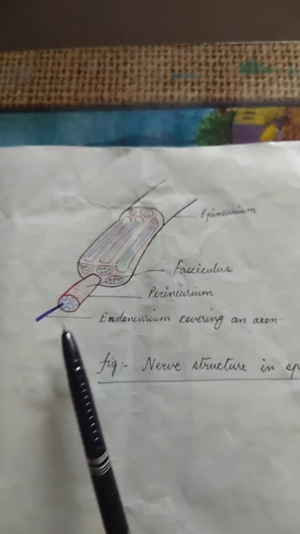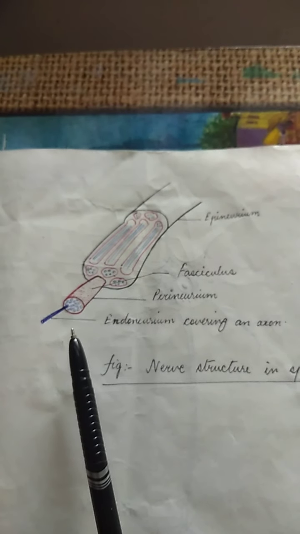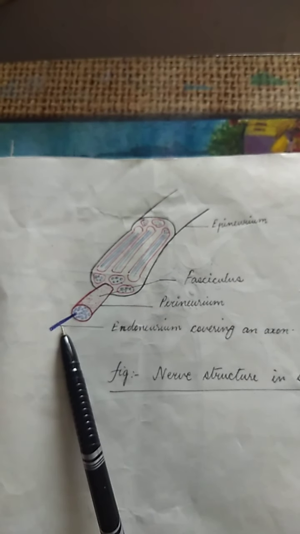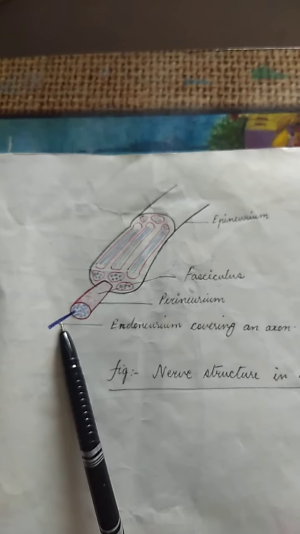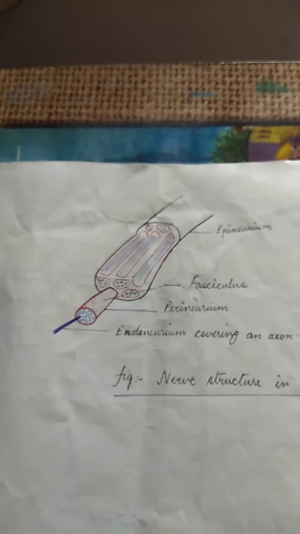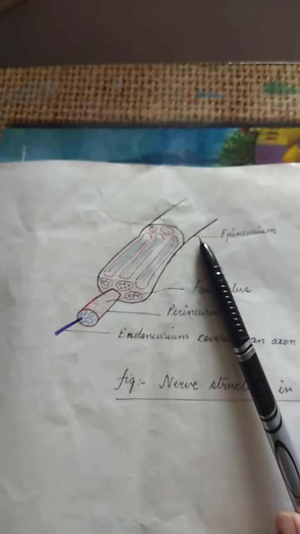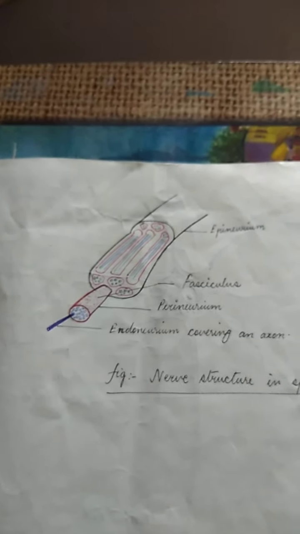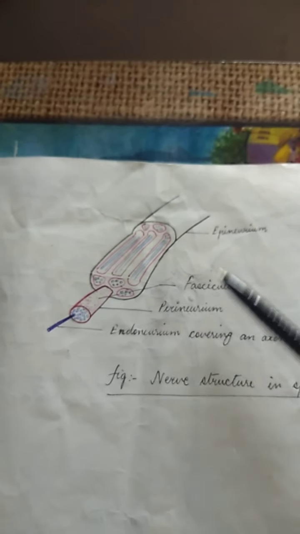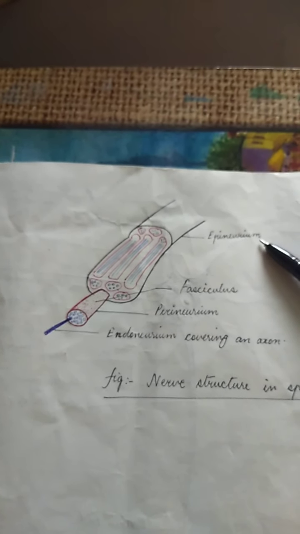Each nerve fiber is surrounded by a layer of connective tissue called endoneurium. A dense layer of connective tissue that surrounds the entire nerve is called epineurium.